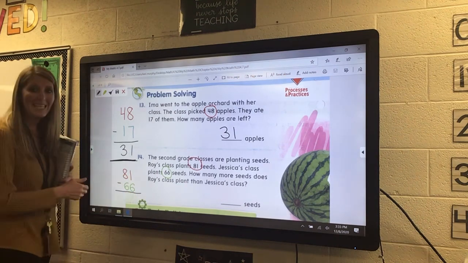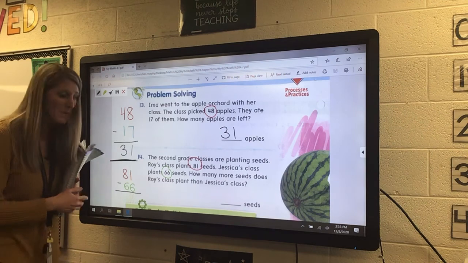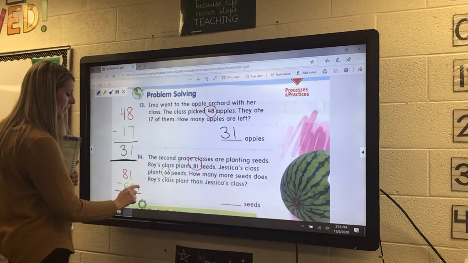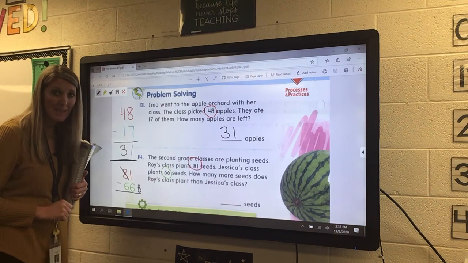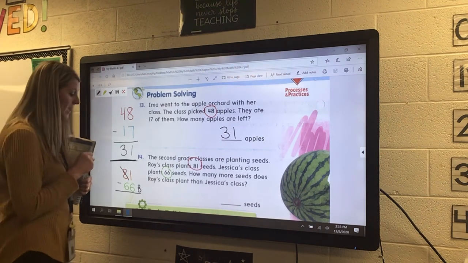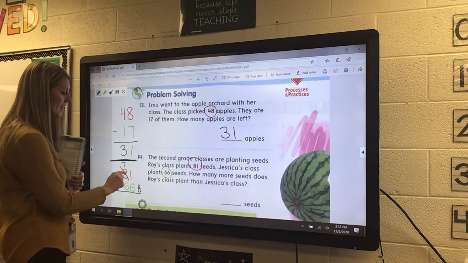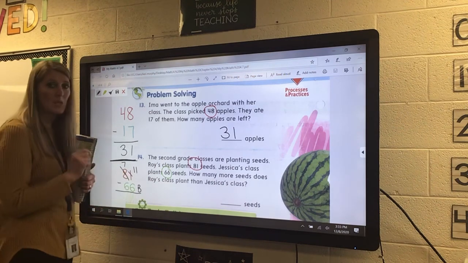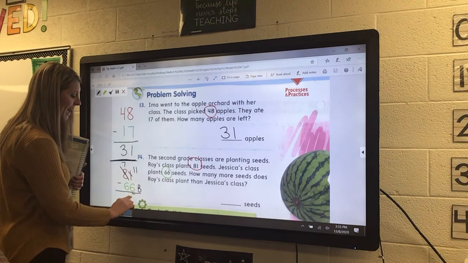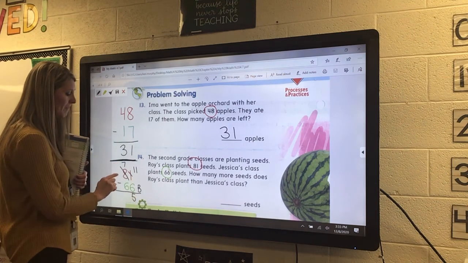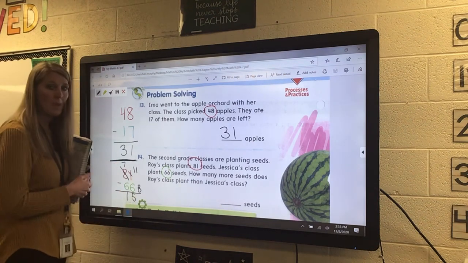Now, 1 minus 6, I can't do that. Bigger bottom, better borrow. I'm going to go over to the 8. I'm going to cross that 8 off. And I'm going to take 1 away, and that is 7. And then I move that 10 over here. So now my 1 becomes 11. 11 minus 6 is 5. And 7 minus 6 is 1.